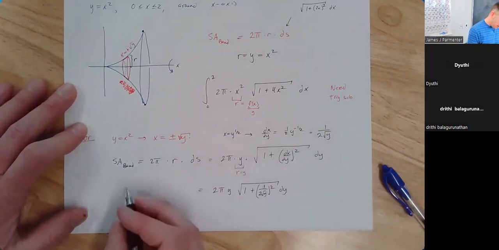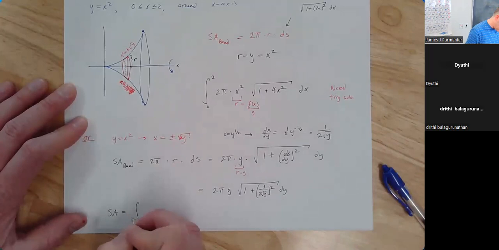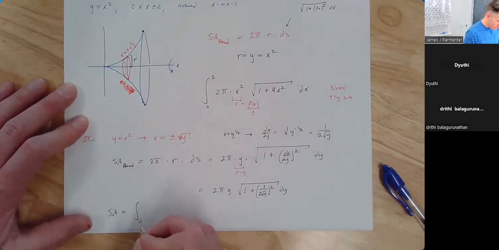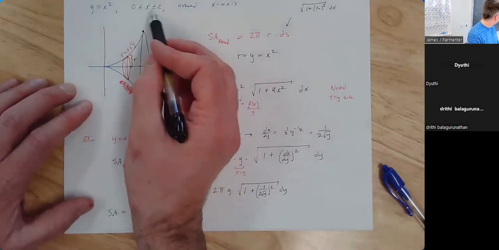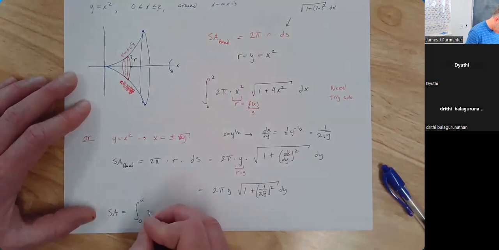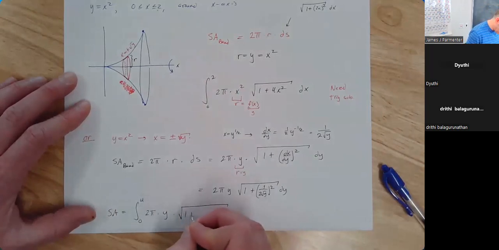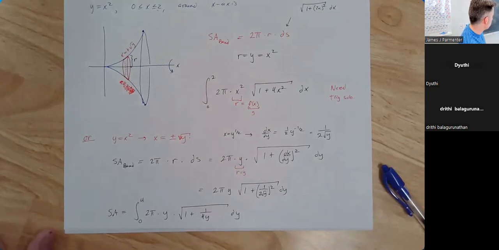If we were going to find the surface area in general, it'd be the integral from y equals 0 to y equals 4. If x is going from 0 to 2, y is going from 0 squared to 2 squared. And then we're going to get 2 pi times y times the square root of 1 plus 1 over 4y. It's kind of neat.